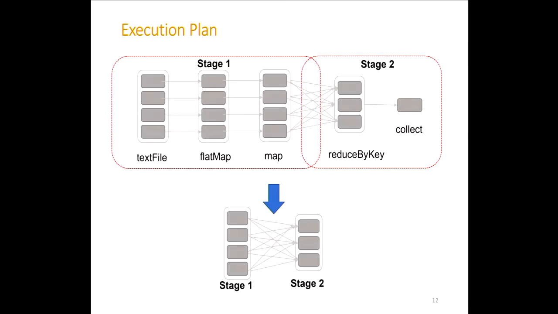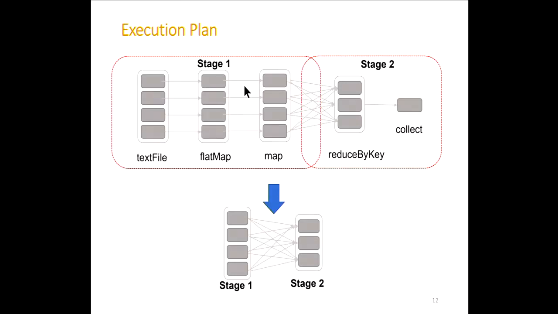Maybe you have two modules, one doing a filtering and one doing a mapToPair or something like that, so you have two transformations. You decide to persist the RDD resulting from the flatMap in memory. If you do that, you're going to create a new stage.